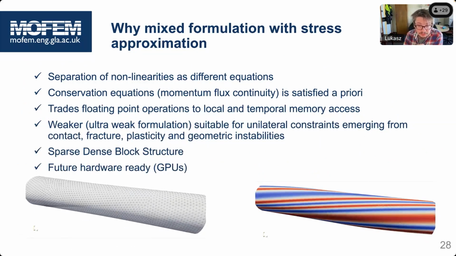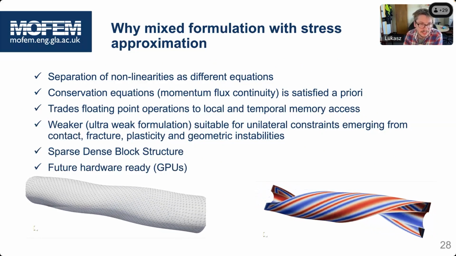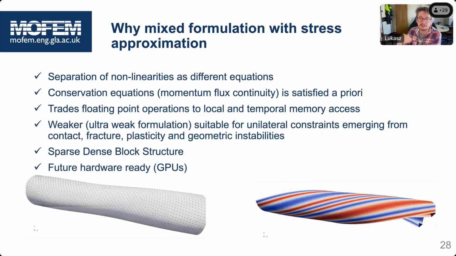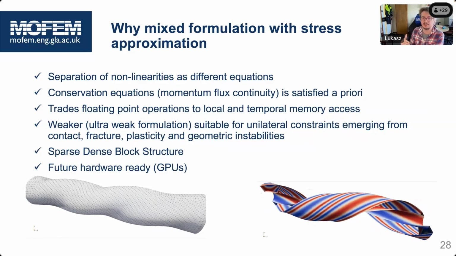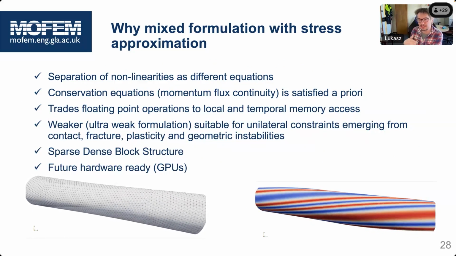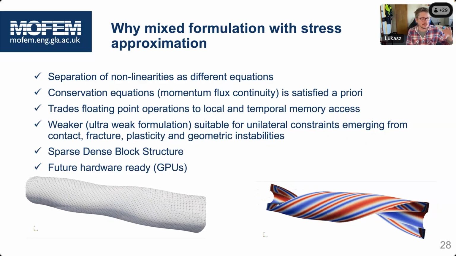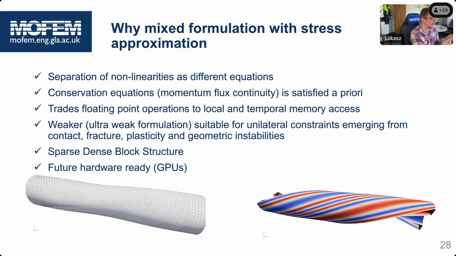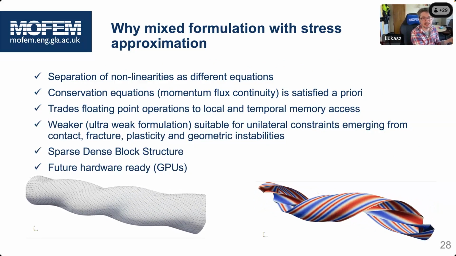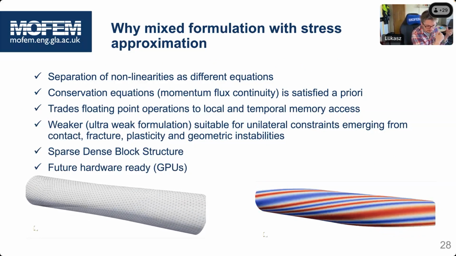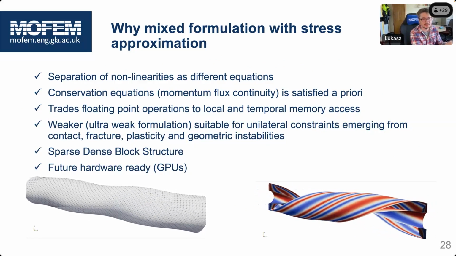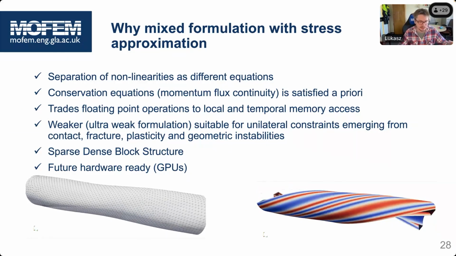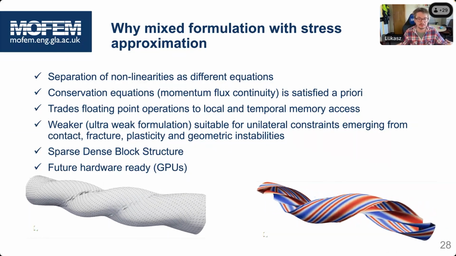We use mixed elements because we have a separation of the nonlinearities. When you look at the stationary point of this Hu-Washizu functional, you can see that the conservation law is separated from the physical equations, and geometrical nonlinearities are separated from the physical equations when you look at the conservation of angular momentum.